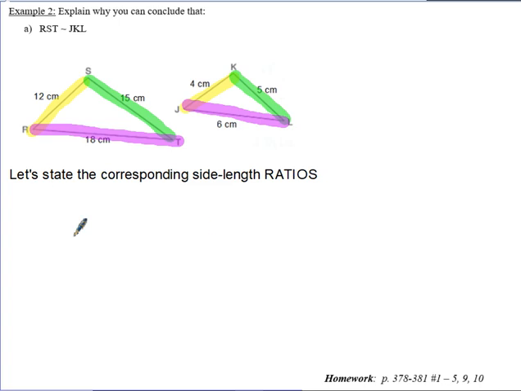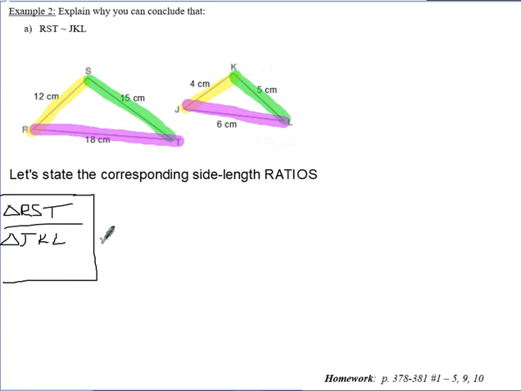So I'm going to put a little box over here to remind myself that I'm going to have triangle RST on the top of the ratio and triangle JKL at the bottom of the ratio. That's just going to keep things consistent throughout comparing the side length ratios to one another.